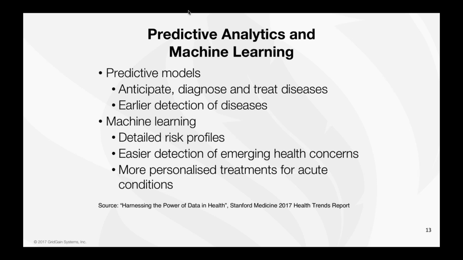Machine learning is great in terms of looking at individual patients, their lifestyles, their diet, their general condition, what medications they're taking, for example, and these things can feed in to give us a much better idea of potential risk further down. This allows us to pick out these emerging health concerns much earlier.